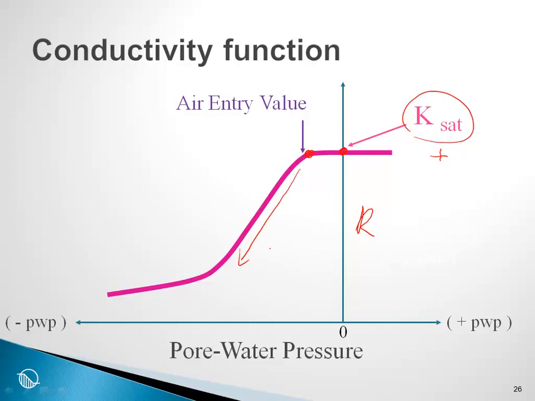Once again, as air enters the sample, then it is more difficult for water to flow through the soil. It takes more energy, and we describe this increased requirement for energy by a decrease in the hydraulic conductivity.